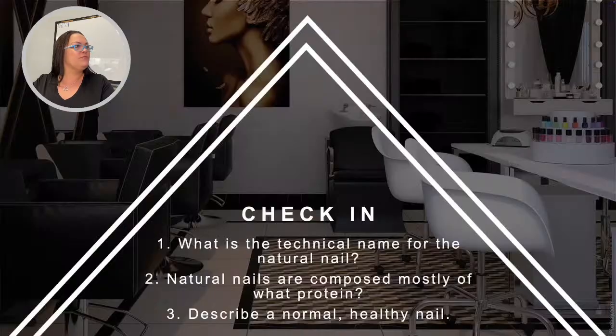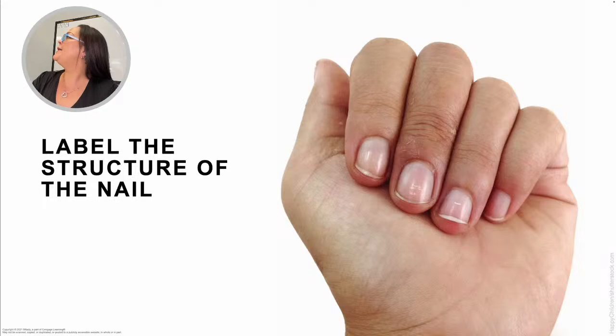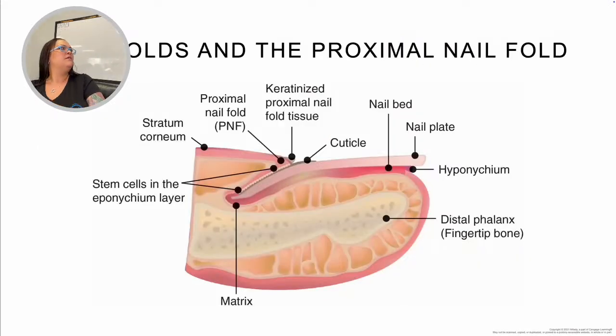Now, let's get to the nitty gritty. Let's talk about the structure of the nail. This is a very, very important diagram that you're going to want to memorize, okay? It's right here. All of these parts, you're going to have to label them today.